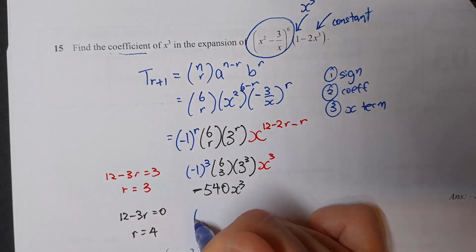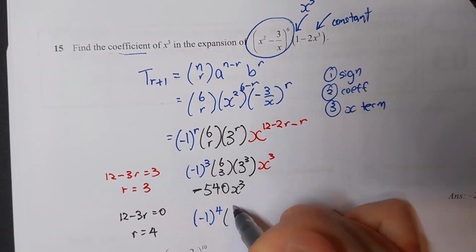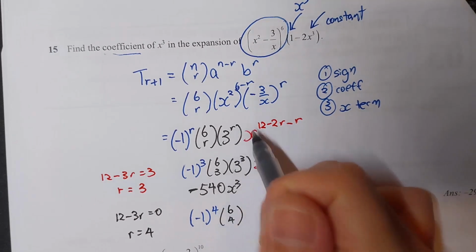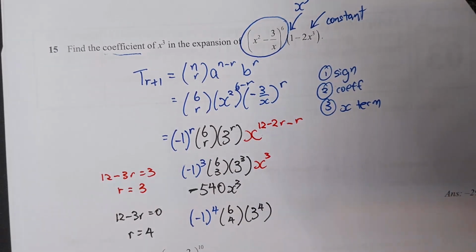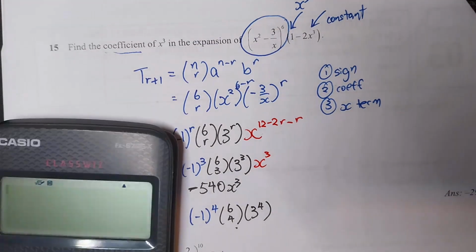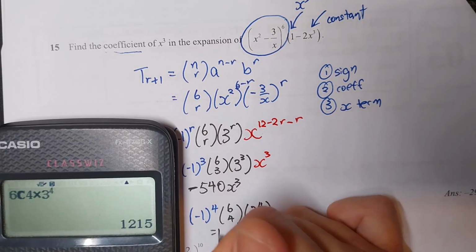So all we need to focus on is actually 6 choose 4 multiplied by 3 power 4, which is 1215.